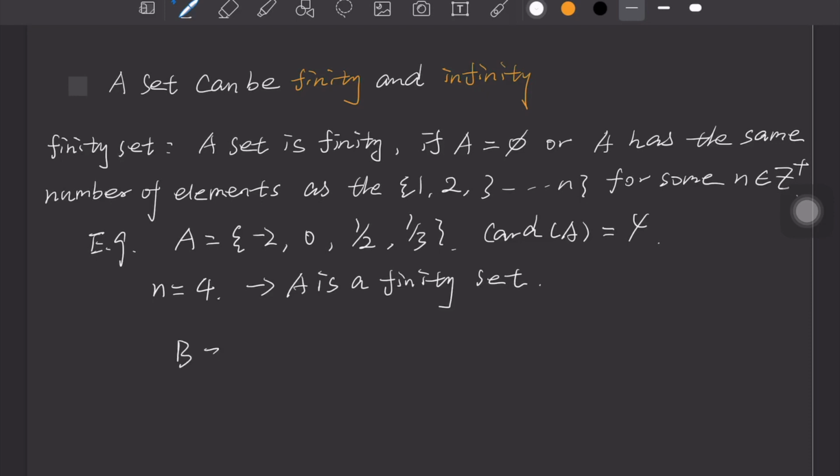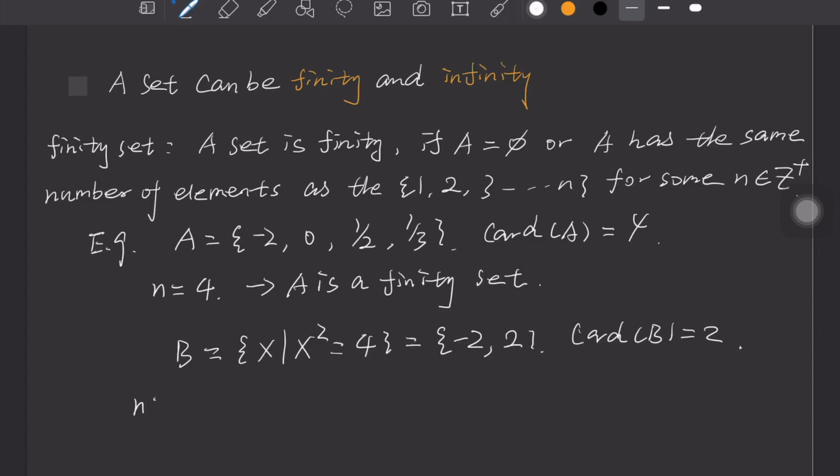Another example, if B has elements x where x squared equals 4, then there are 2 elements in our set B, which are -2 and 2, then card B is 2 as I said before.